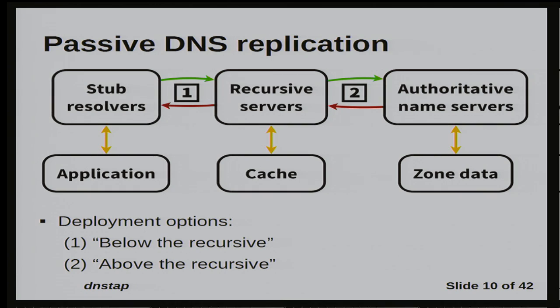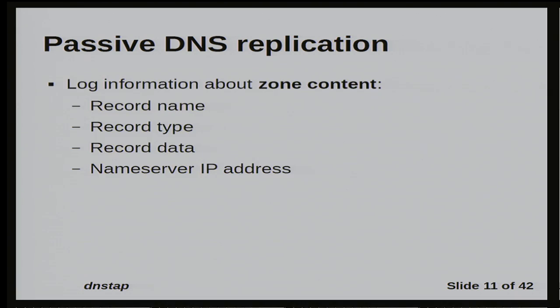These two different vantage points have very different characteristics and trade-offs. But the basic idea is that we want to log information about the content of zones: the resource records, the owner name, type, and data, and potentially the IP address of the name server. And the idea is to replicate this zone content, usually for anti-abuse purposes.